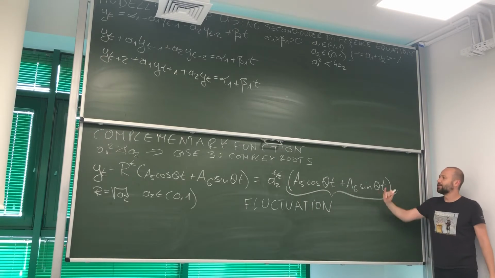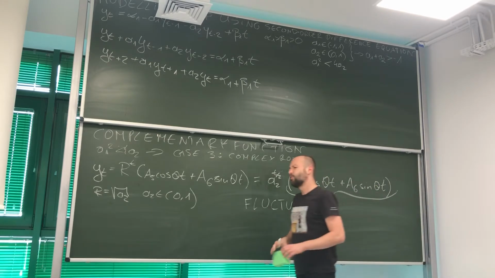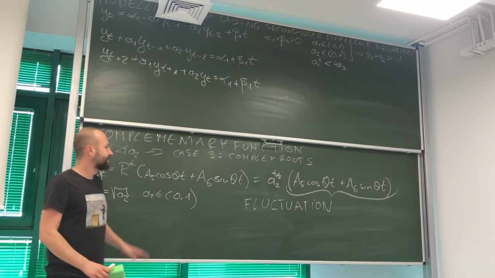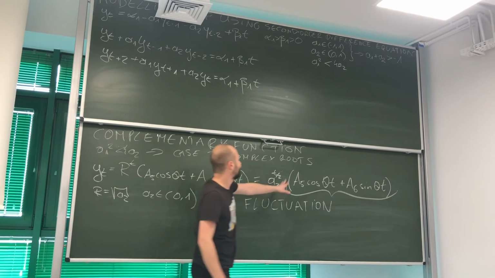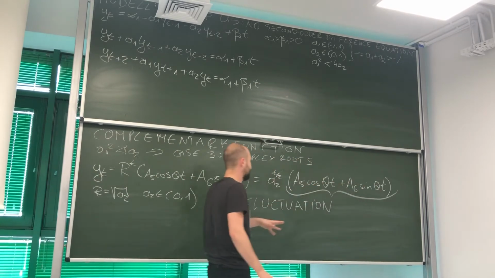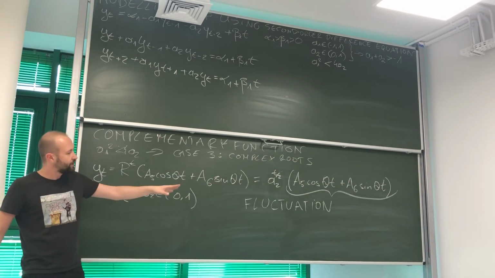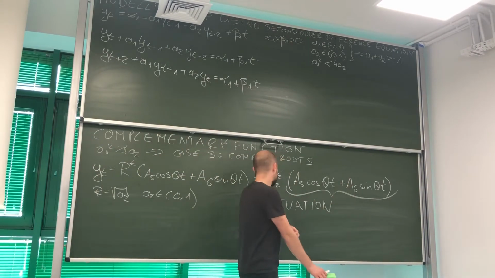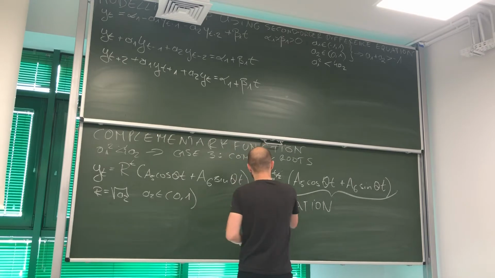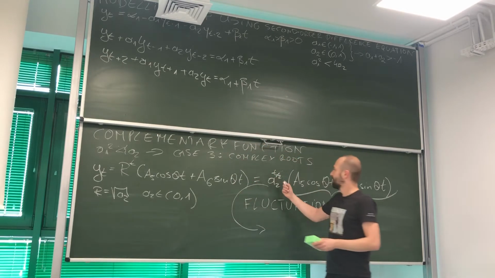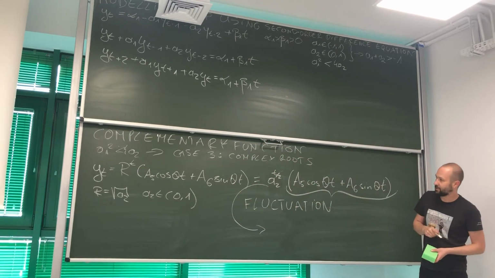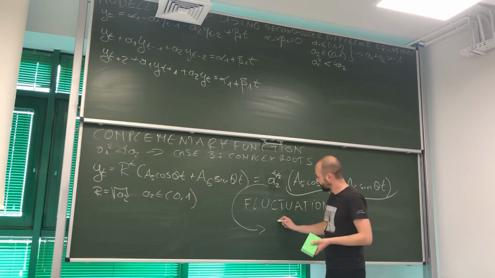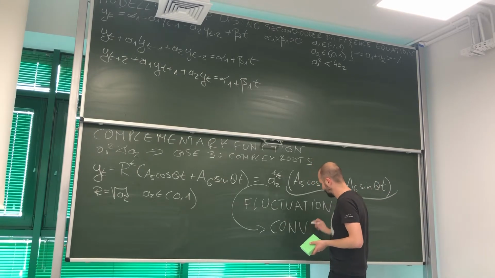Look, we do not calculate thetas. Why? We are not that interested at this moment in a specific form of this expression. All we know, and all we want to know, is that it generates fluctuations. And of course, now that we know that a2 is between 0 and 1, we also know we will have convergence.